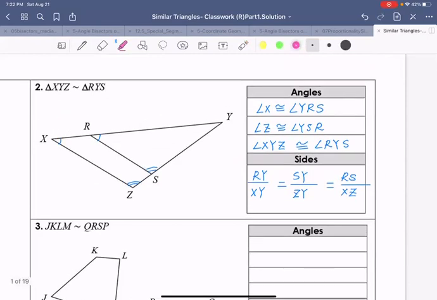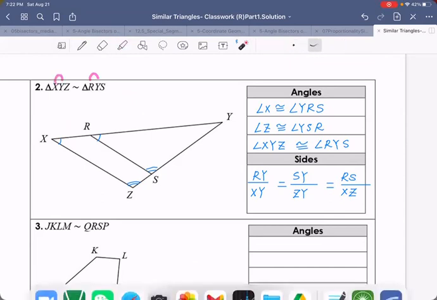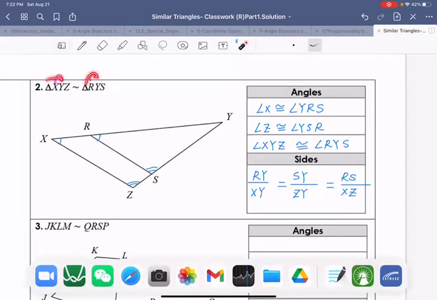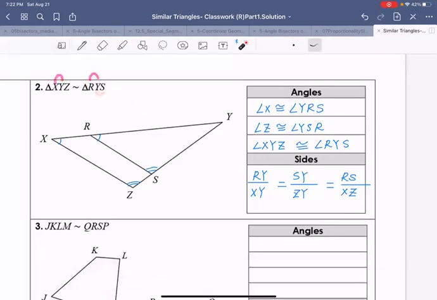First, you do RY, the first two letters, over XY, the first two letters. And then SY over ZY.